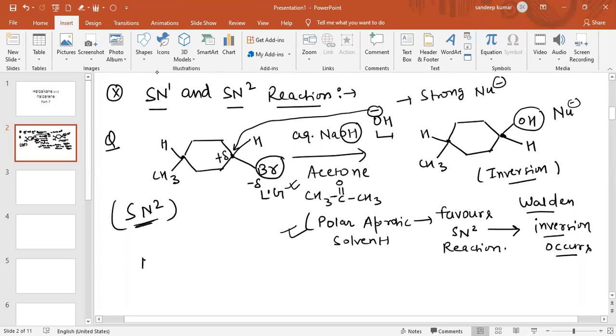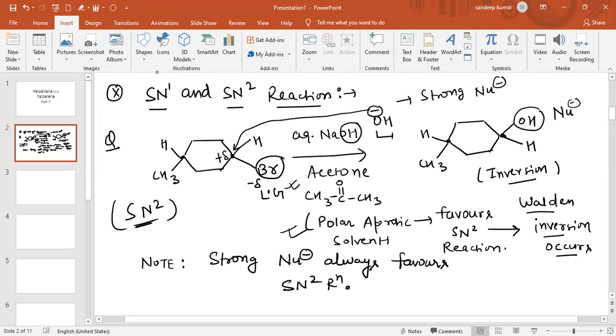Make a note: a strong nucleophile always favors SN2 reaction. So this is clear to all of you. Now see the next question related to this.